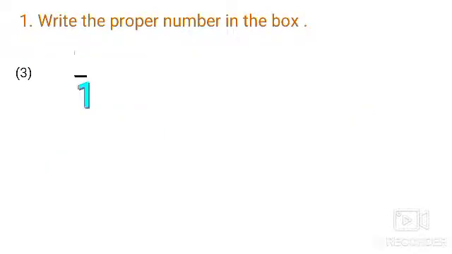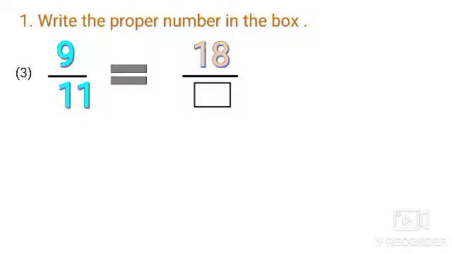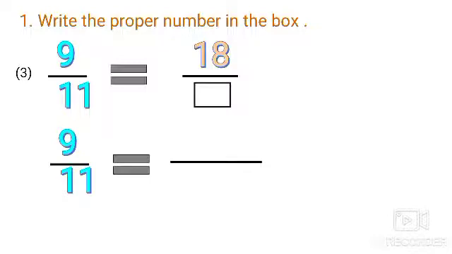This is the next example. 9 upon 11 is equal to 18 upon dash. The same method you have to follow here, student. As everyone knows, when you multiply 9 with 2, you will get the answer.